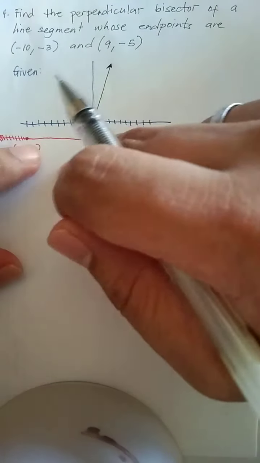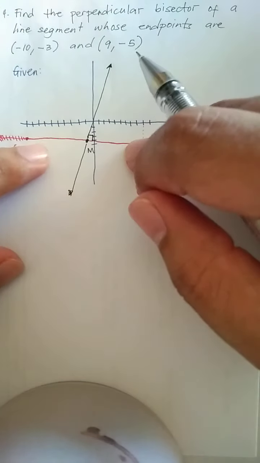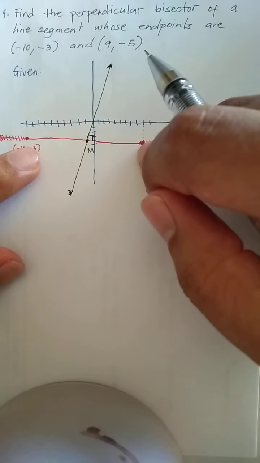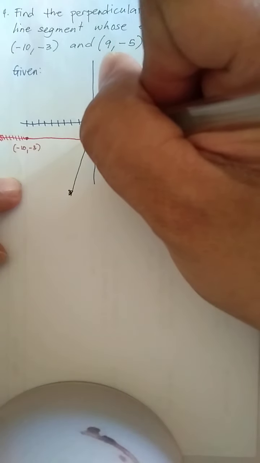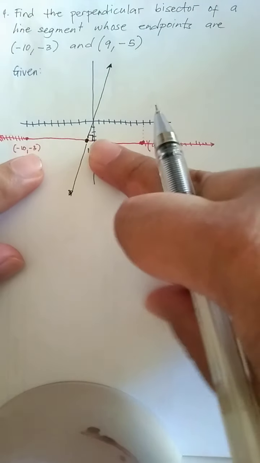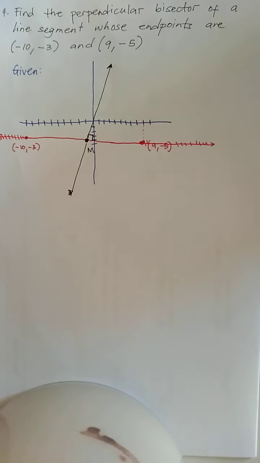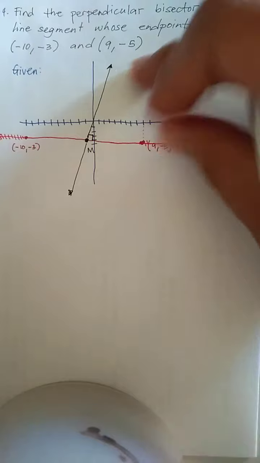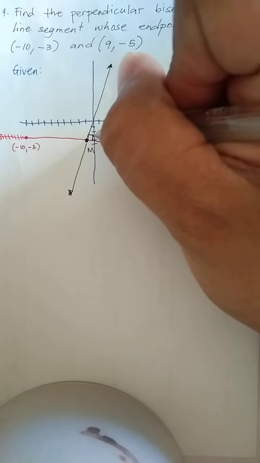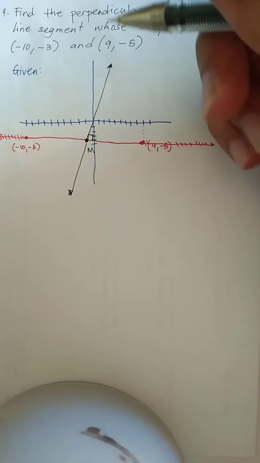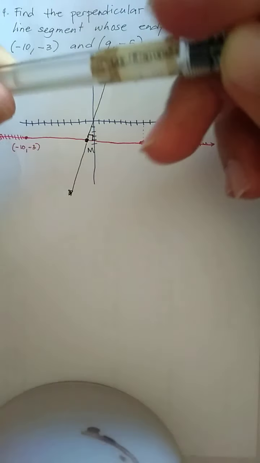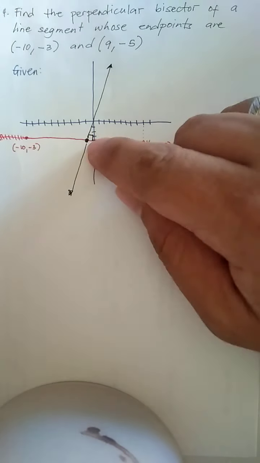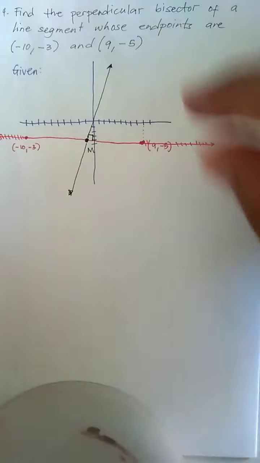This line should be perpendicular to this red line, or the line segment, and at the same time it passes through the midpoint. It's not really a 90-degree angle since we drew it freehand, but this symbol here should indicate that it is actually 90 degrees.